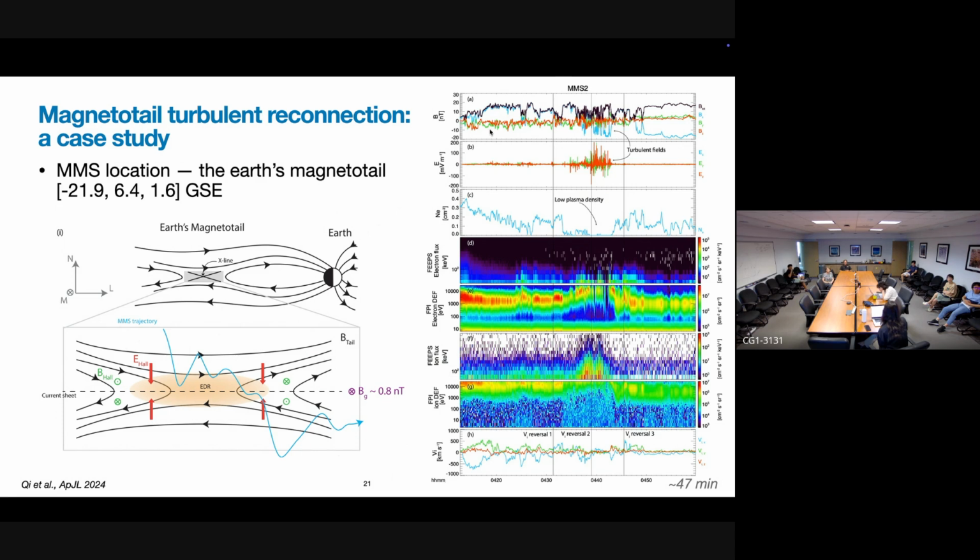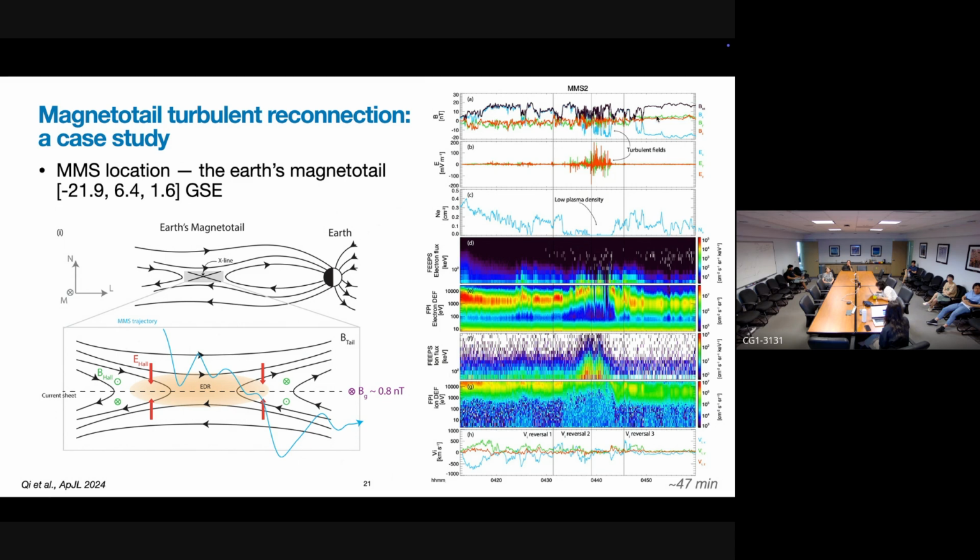On the right-hand side, we have an overview plot of about 47 minutes. The blue trace here, sorry for the label, is the BX component of the magnetic field. We see it reverse from positive to negative, showing it's a traverse from north to south lobe.